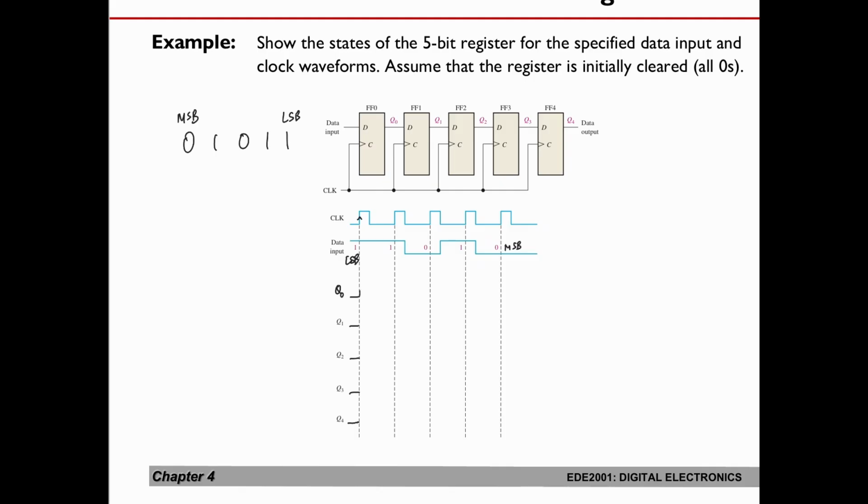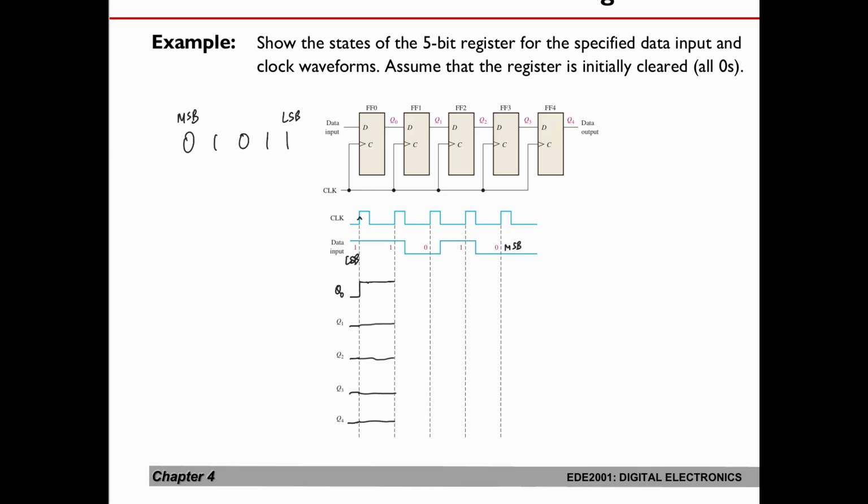Q0 will become a 1 at the very beginning, and this 1 stays until the next outgoing transition. Because Q0 was a 0 at the very beginning, Q1 will remain 0, Q2 will remain 0, Q3 will remain 0, Q4 remains 0.